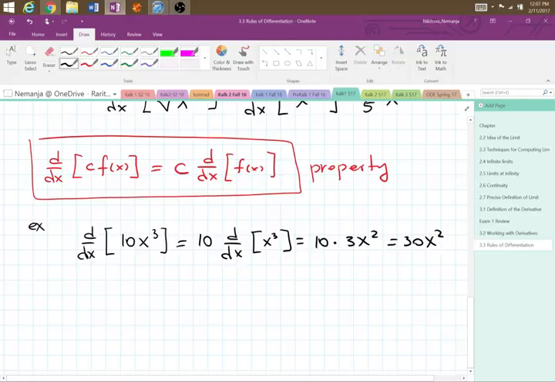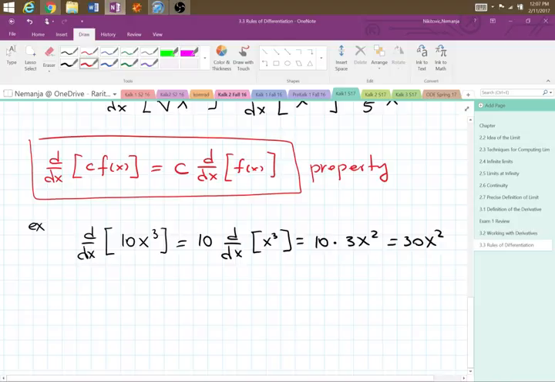Another cool property is that if you have multiple functions added together, you get to differentiate each piece separately. Now that works only for addition and subtraction, doesn't work for multiplication and division. We'll have separate formulas in the next section, as some of you know, those who did class prep.